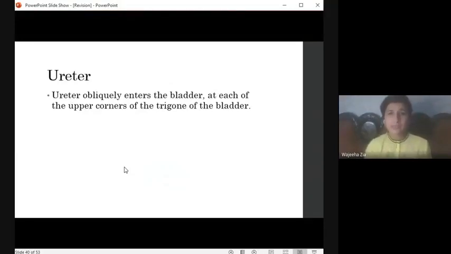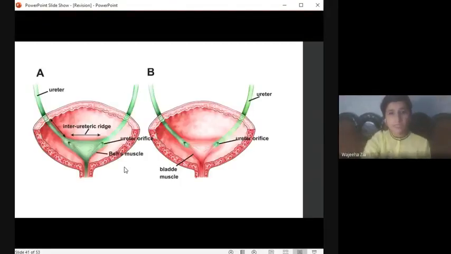Urine enters the bladder at a specific point. That specific point is known as the trigone of the bladder. Even the entry of the ureter is at an angle. So at the hilum and at the trigone, you can see this is the diagram of the bladder, and this is the triangle.